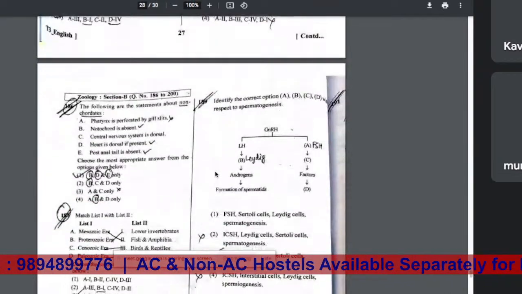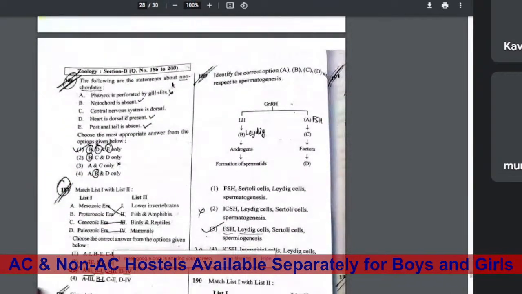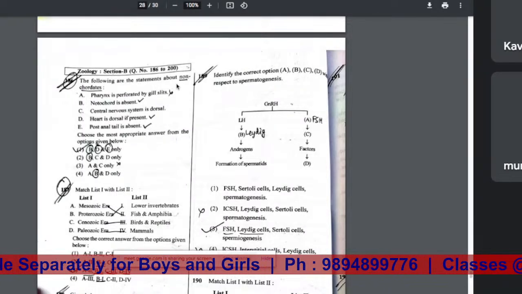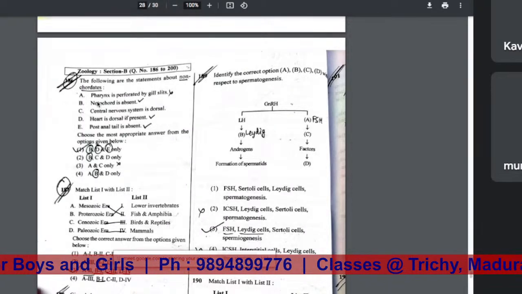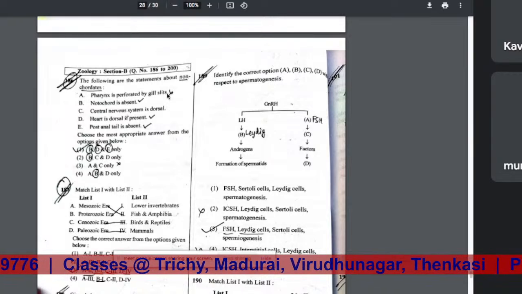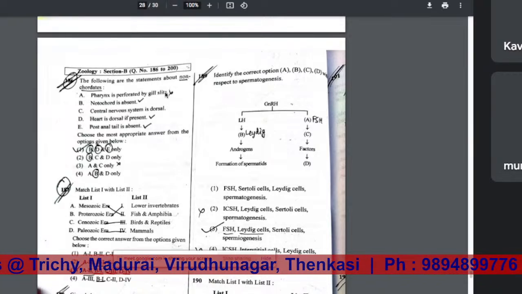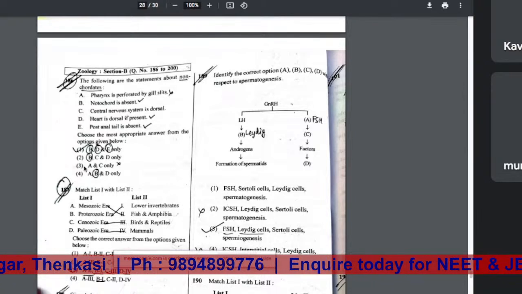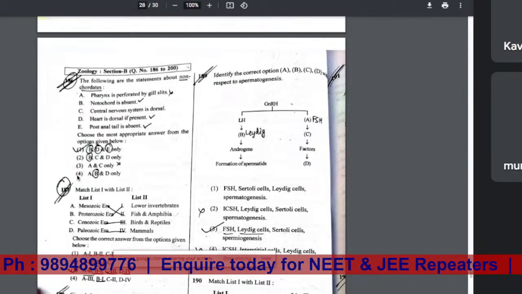So the next one, which of the following statements are about non-chordates, they are asking. If you look at it, pharynx perforated by gill slits happens in chordates. Which means statement A itself is wrong for non-chordates. So looking at the options, you can eliminate options 3 and 4.